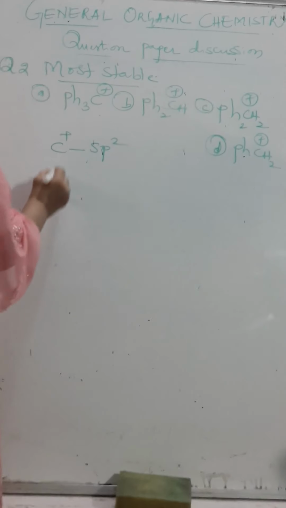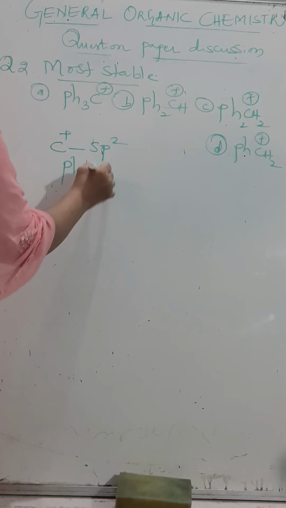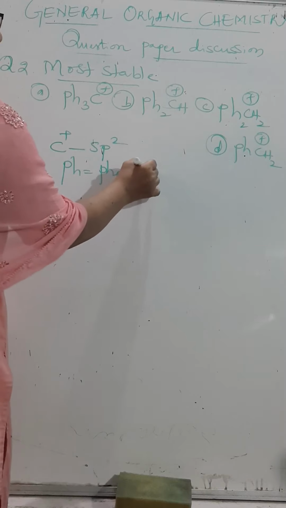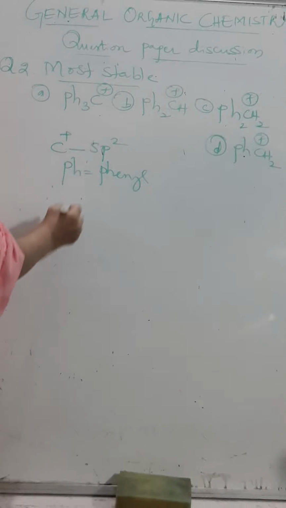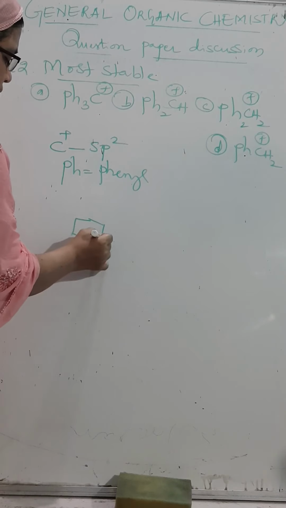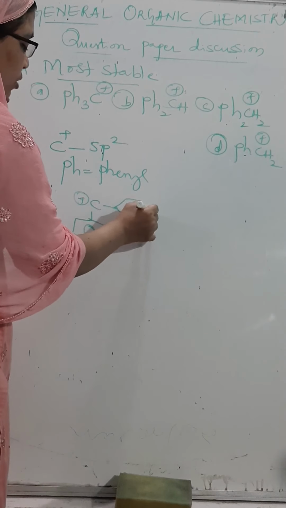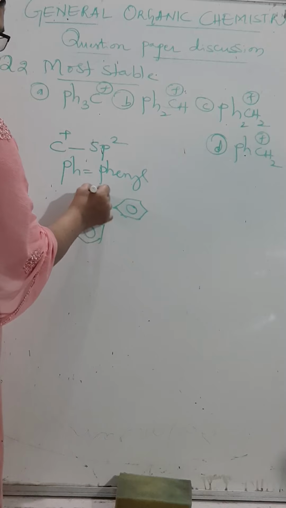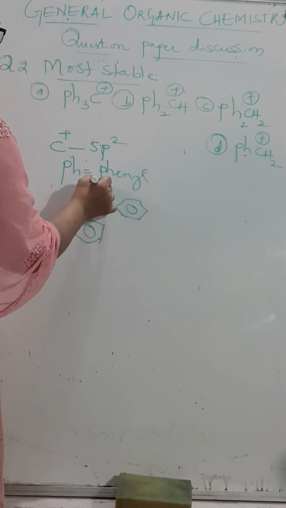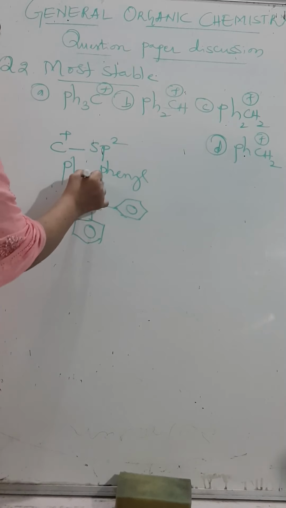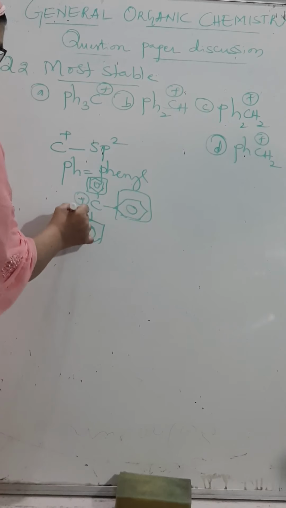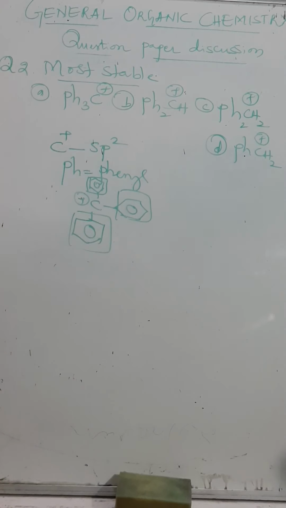Ph group is nothing but phenyl. In the first option, 3 phenyl groups are linked to the carbocation. How many phenyl groups are there? 3 phenyl groups.